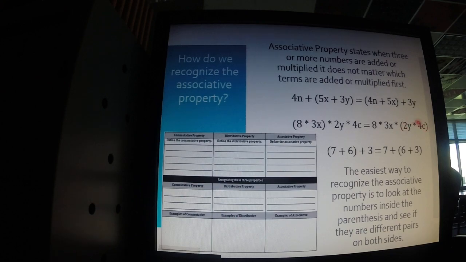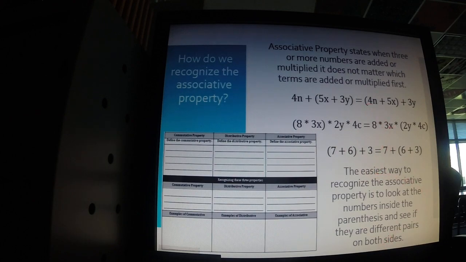So it's just that we've changed the parentheses. It was around the first two terms, and now it's around the second two terms. And then the same thing on this one. So you've got your definition up here at the top, so you'd copy that. You have how to recognize the associative property down here at the bottom, and then you have your 3 examples right here in the middle.